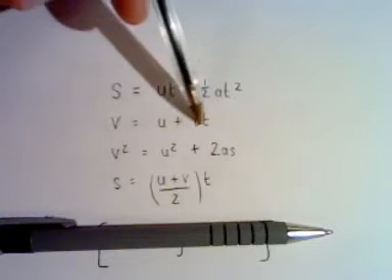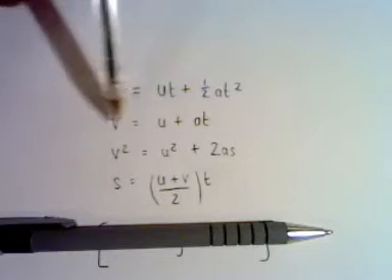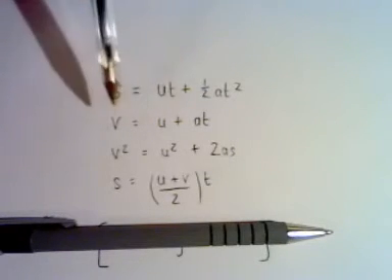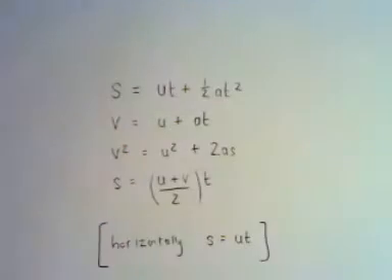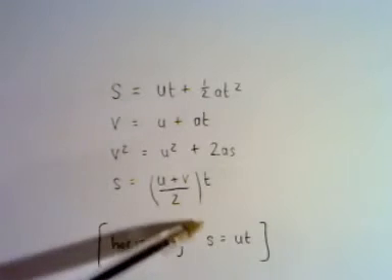This term is 0, so we get v equals u. You can see that the horizontal velocity will remain the same. And basically the Suvat equations horizontally just boil down to s equals ut.